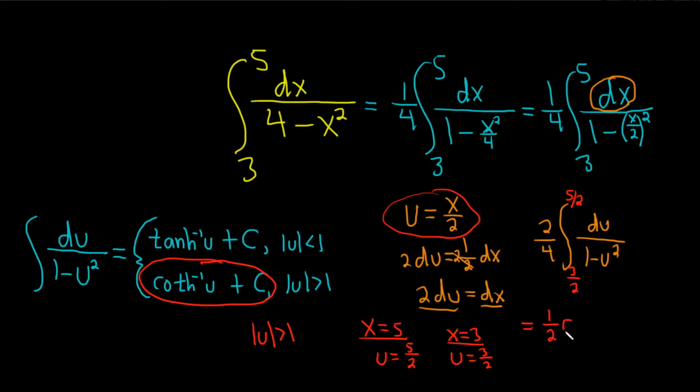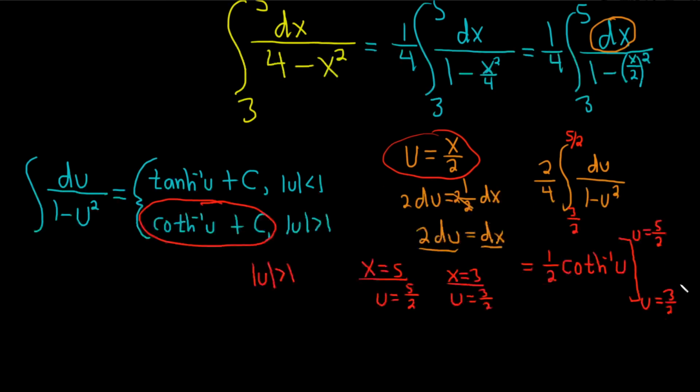And this is going to be the inverse hyperbolic cotangent of u. And there is no plus c because it's a definite integral. So instead I'll put a bracket, and let's indicate that these are u values just to be really clear by writing u equals 3/2 and u equals 5/2. Just an optional step for added clarity.